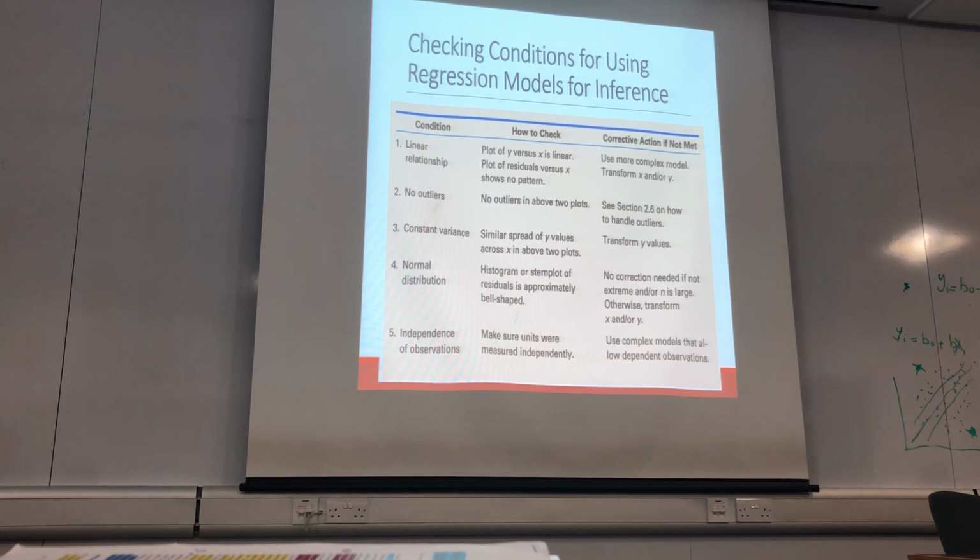So first, a linear relationship, where I have a clear straight line, no outliers, and constant variance. We said this means homogeneity in the variance, then normal distribution and independence of observations. Independence means observations are not dependent on each other. How to check?